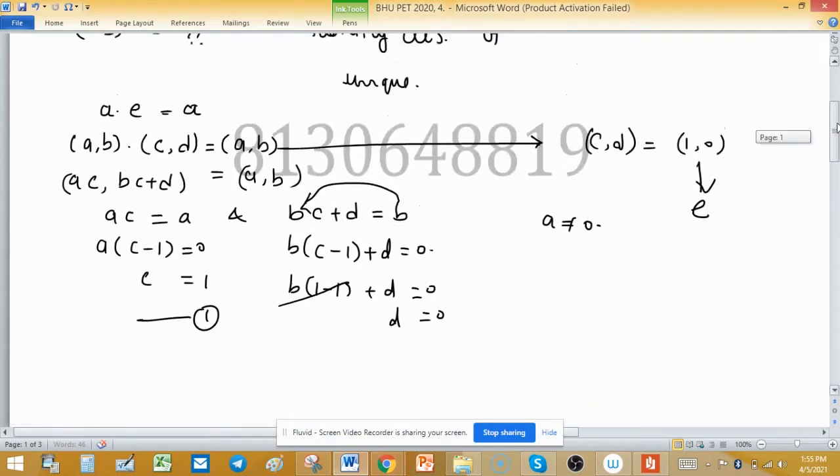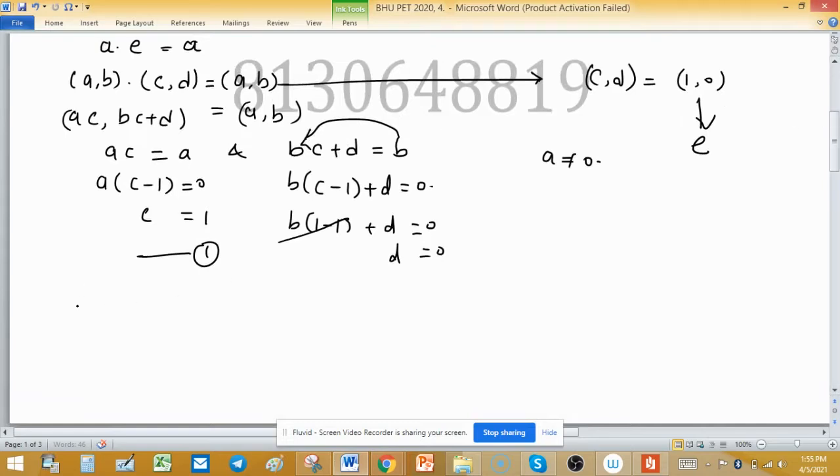Now find the inverse of the element (2, 3). Suppose (c, d) is the inverse of this. By the definition of inverse, these two operated together will return the identity. And how do they combine? (2c, 3c + d) equal to the identity element (1, 0).